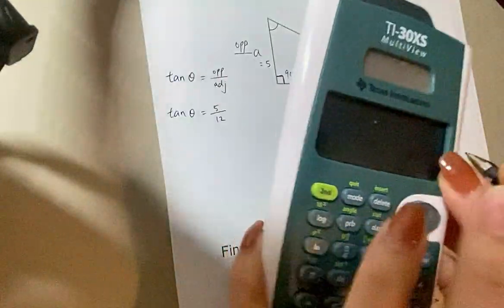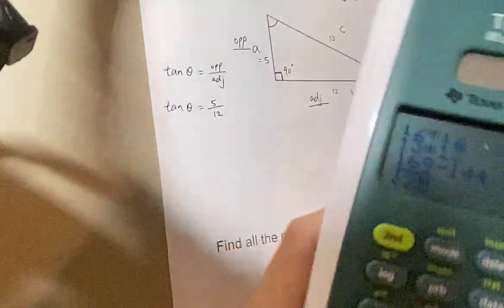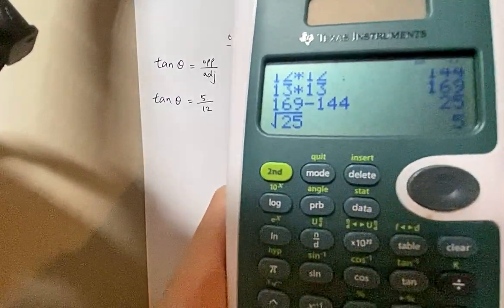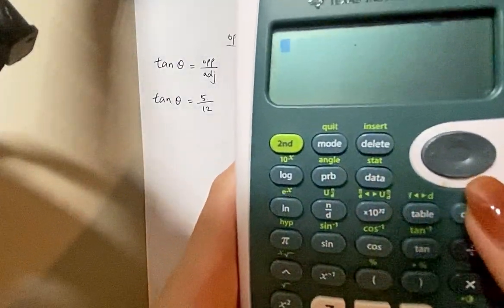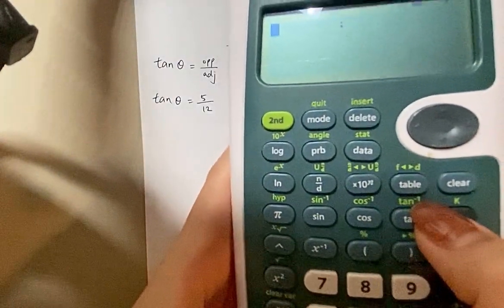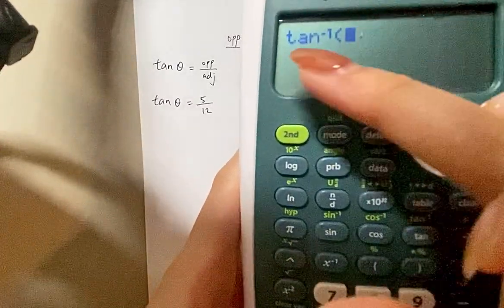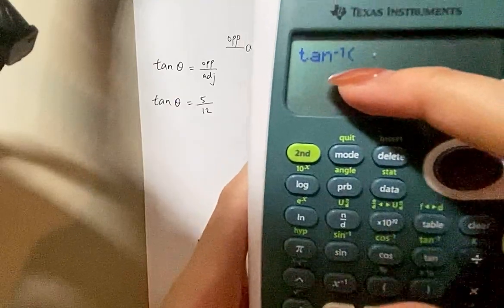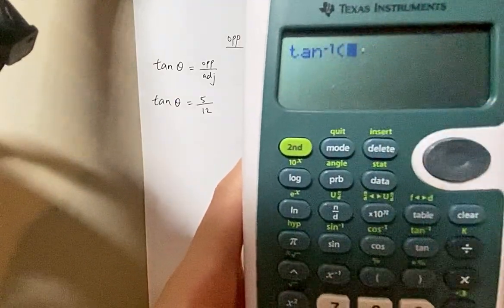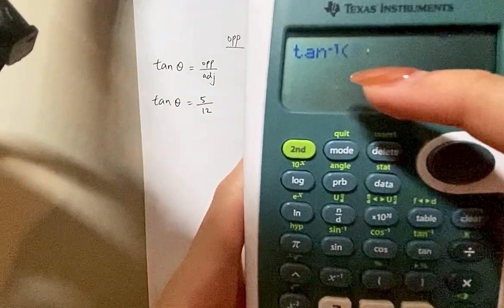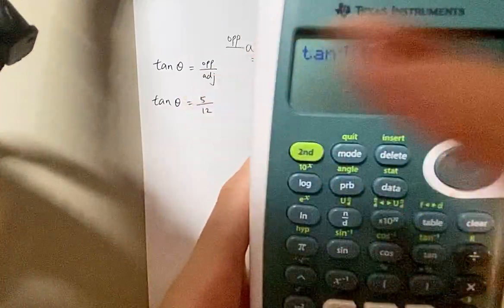And we can go ahead and plug that in the calculator. So we should clear first, then the tangent inverse. So press second, tan, you would have the tangent with a -1, which just means tangent inverse. So we use this command when we have the ratio and we're trying to find the angle.